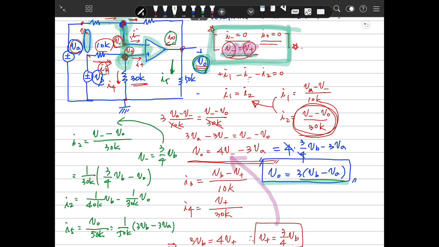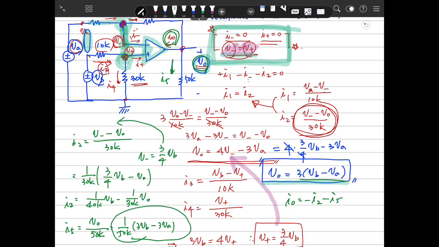Then what is the IO? Actually, based on here, IO is minus I2 minus I5.